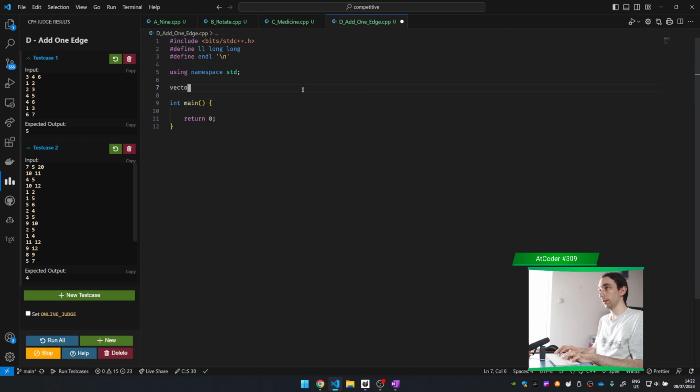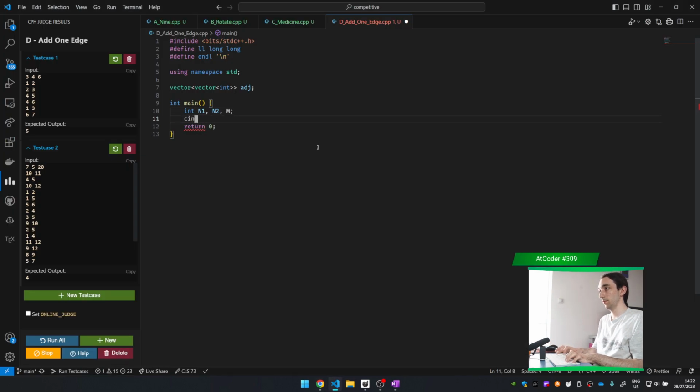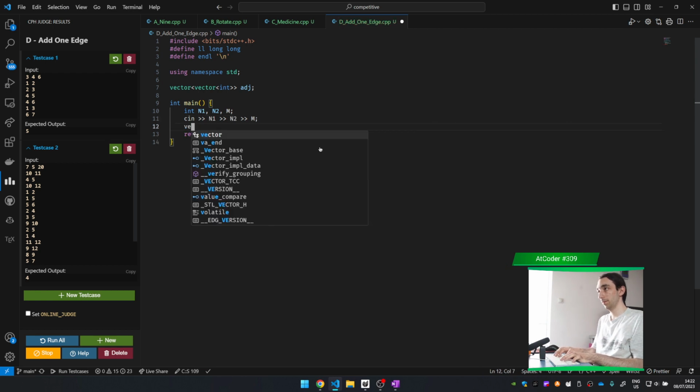So okay, like this, vector int. I always do this. And then there's n1, n2, and there is m. Of course it's m.